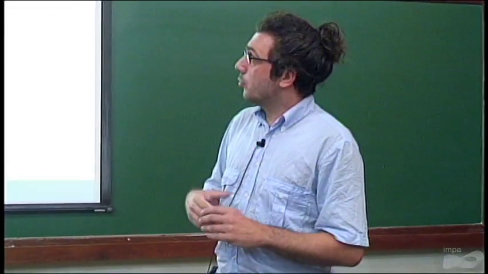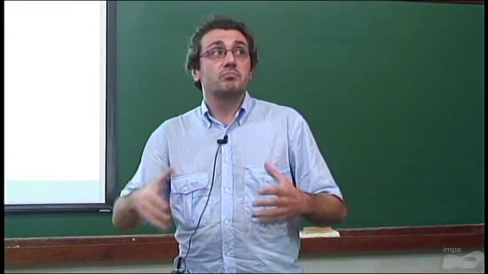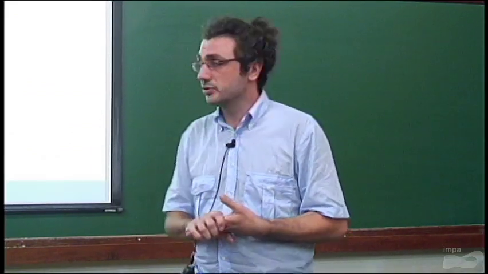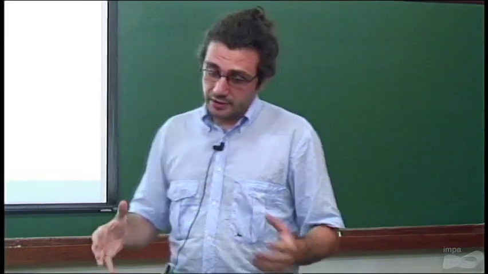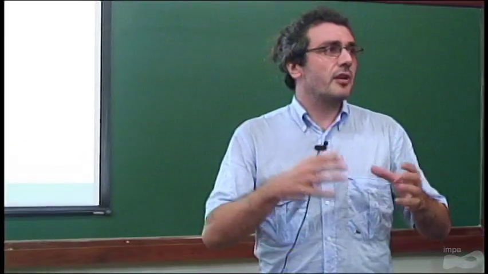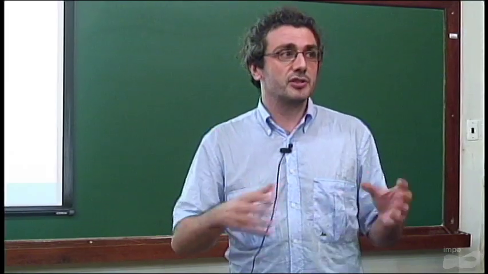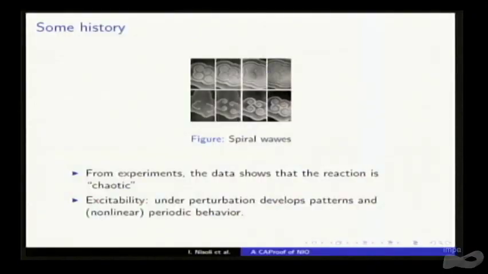And one of the things that happened is that they used time series to study these reactions, and showed that the time series associated to this reaction have a positive Lyapunov exponent, which is considered an indicator of chaoticity.